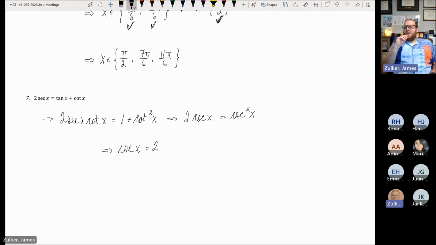So we're allowed to divide by it. This gives cosecant of x has to be 2. Or sine of x has to be 1/2.